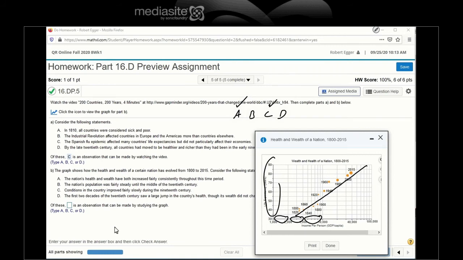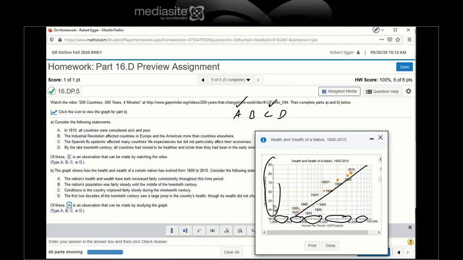Times 40. So this isn't consistent. So in reality, this actually looks probably more like that if you would plot it in a linear fashion. So no. In this case, really D is the only answer that would work. But let's prove the point.